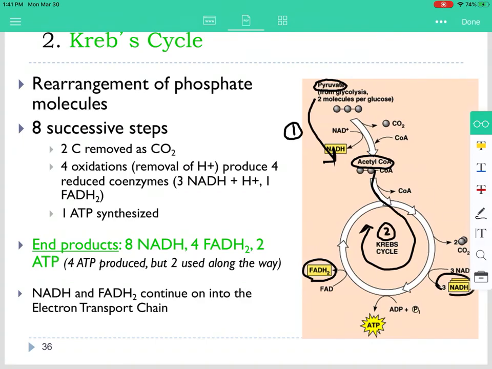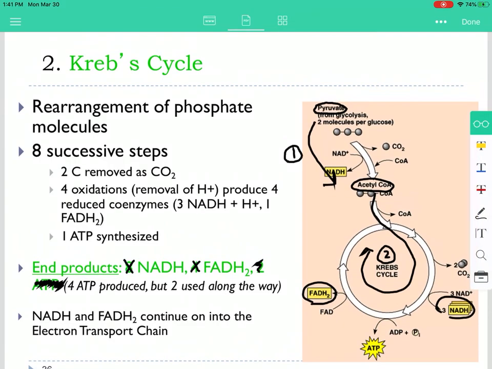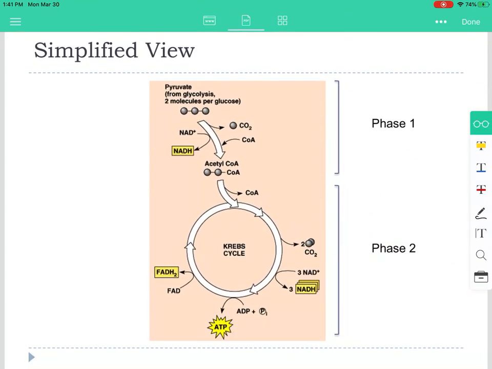The second phase is part of the cycle, converting acetyl coenzyme A into what's being kicked off of these chemical reactions, or released, NADH and FADH. How about that? You don't have to know the specific numbers. I'm not going to ask you whether it's 8 or 4. You don't need to know the 2 ATP either. I mean, it's true, but I'd rather stick to the other facts.